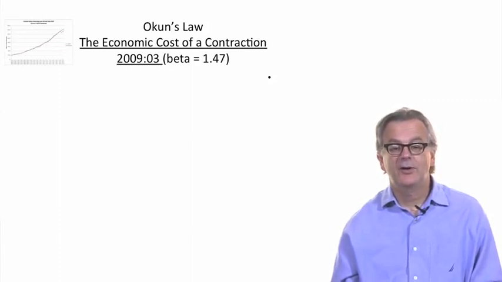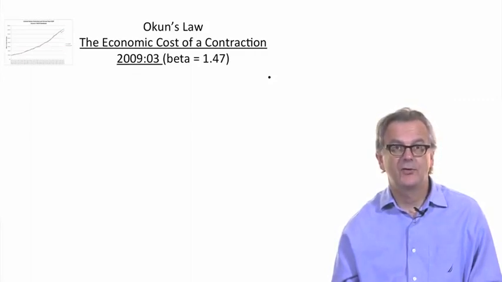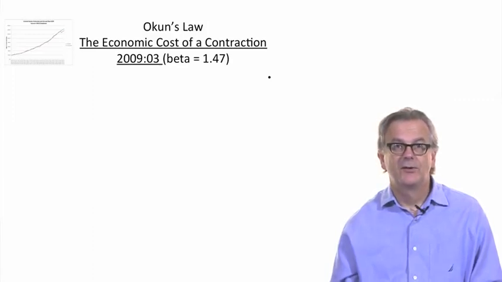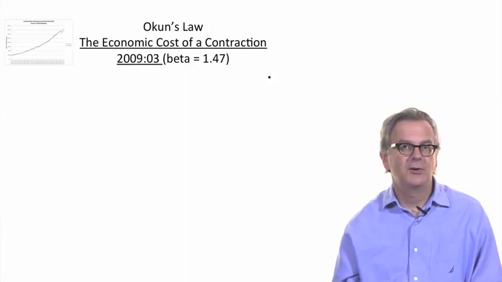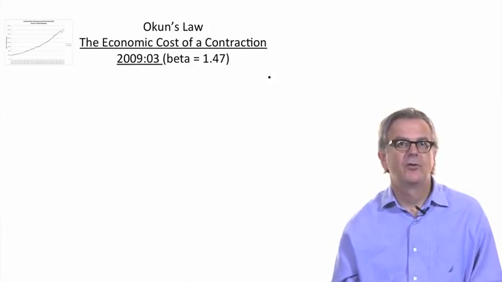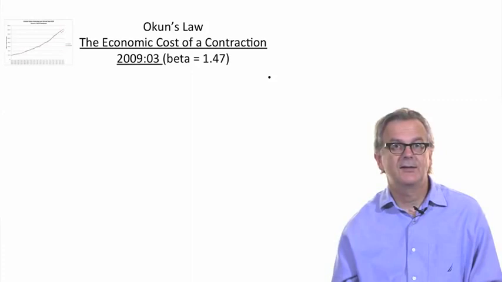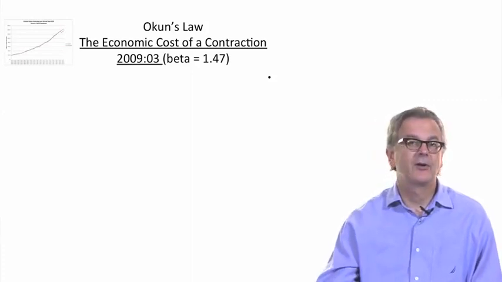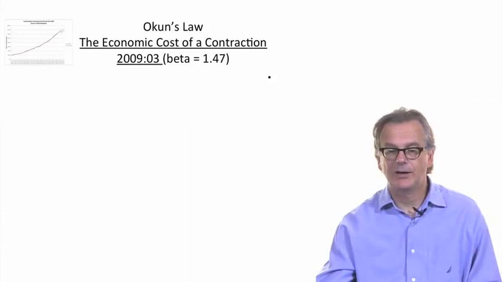And I'm going to look at the height of the global financial crisis, the third quarter of the year 2009. What I'm going to do is calculate, using Okun's law, for that particular 3-month period, the average income lost for citizens of the United States as a result of the contraction that was going on, of the contractionary output gap.